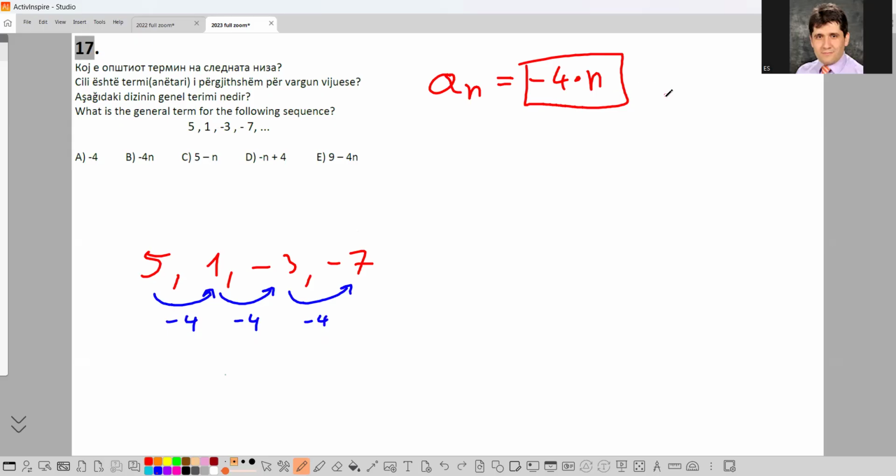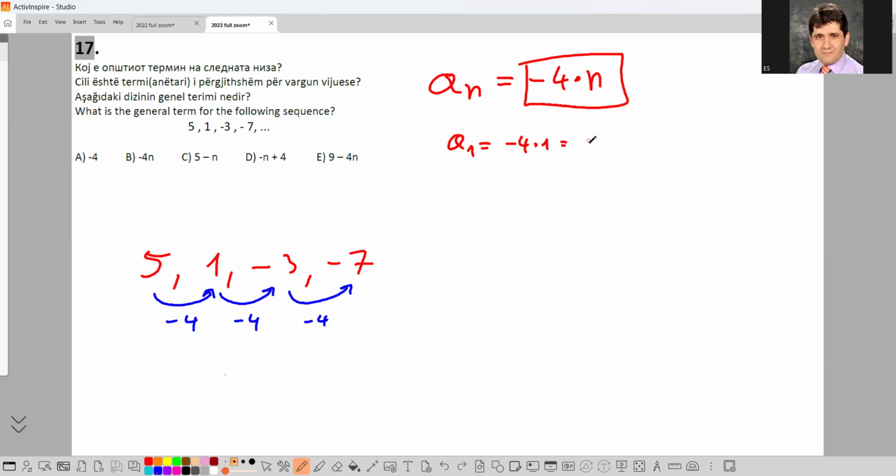Obviously, we're not going to just guess. Well, let's try for the first term. If n is 1, so a1, I should get 5. So -4 times 1 is -4, but I should get 5.